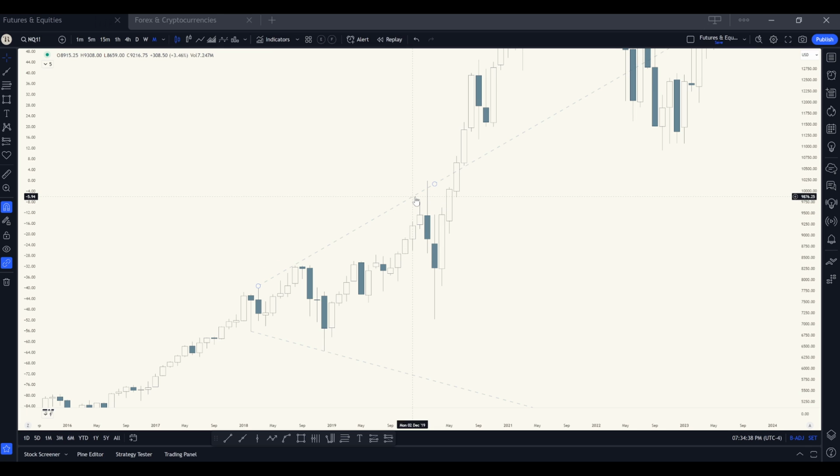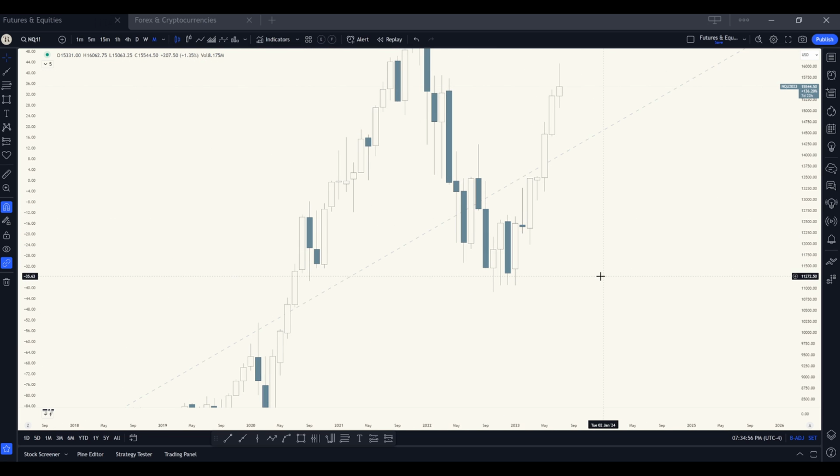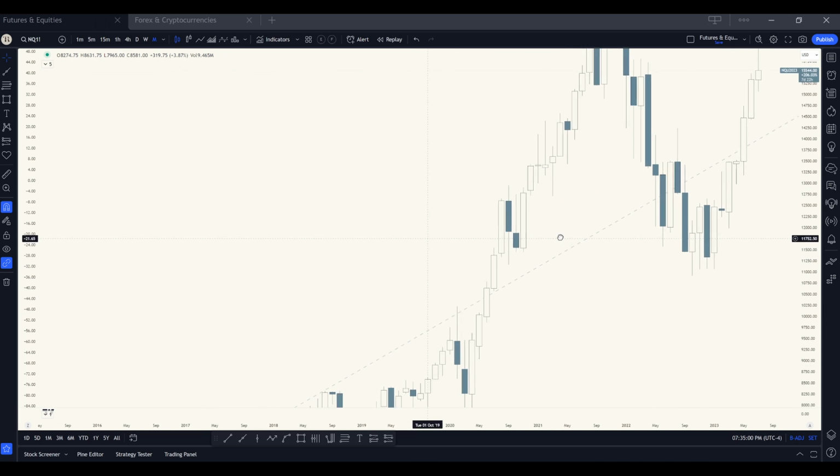Now, what is at the beginning of every trajectory, or every MMXM? It's a power of 3. What is power of 3?